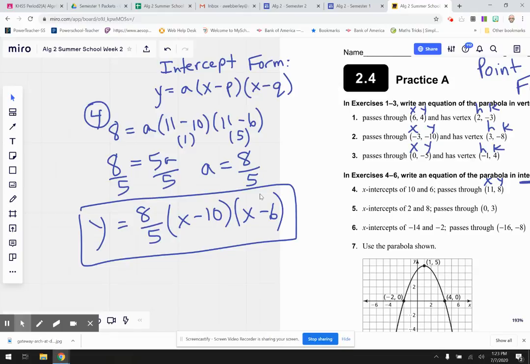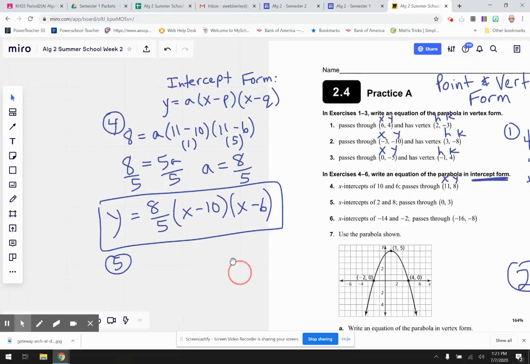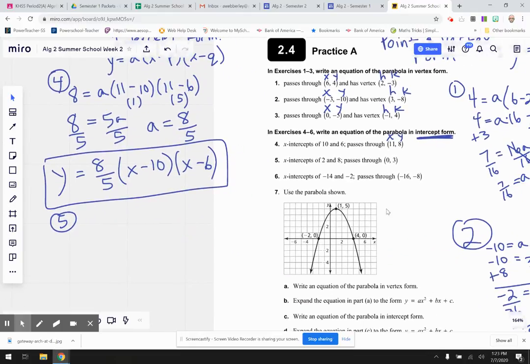So let's go to number 5, right below it there. And we've got x and y would be 0 and 3 this time. So y is 3.